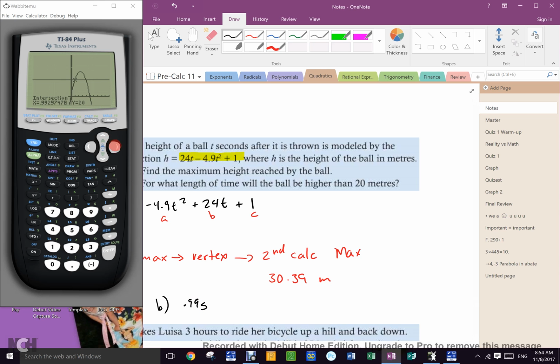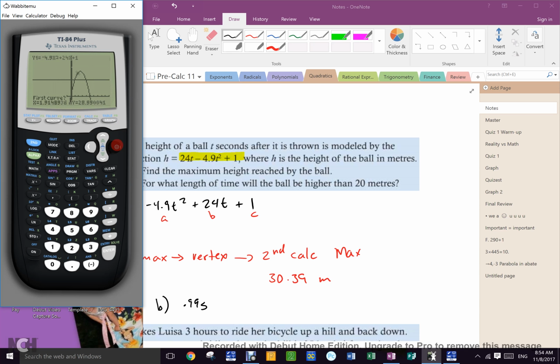Now watch what happens. I'm going to slide along. See how my cursor is sliding right along? And see how my y is staying at 20? There I am, somewhere around 3.82, right? So how do I get it perfectly? Second, calc, intersect, first curve.